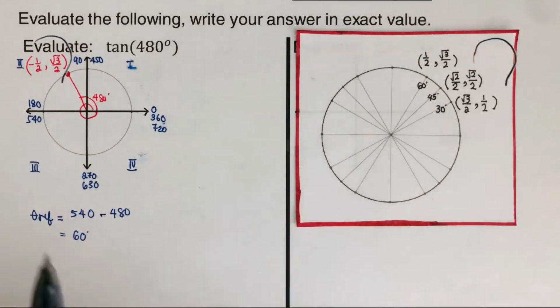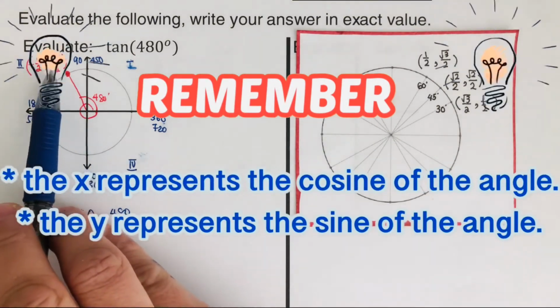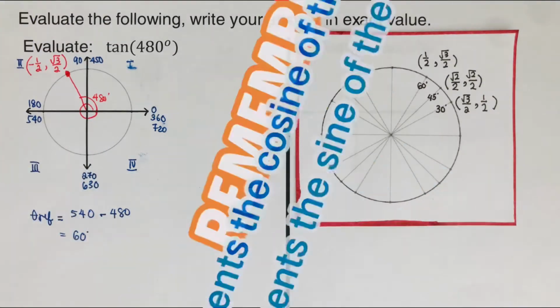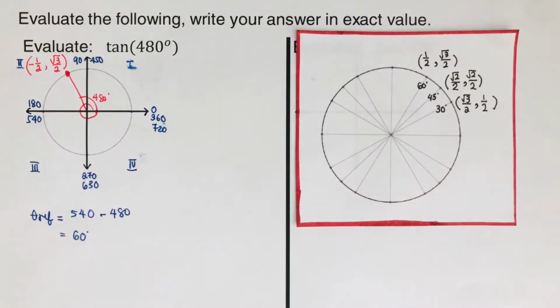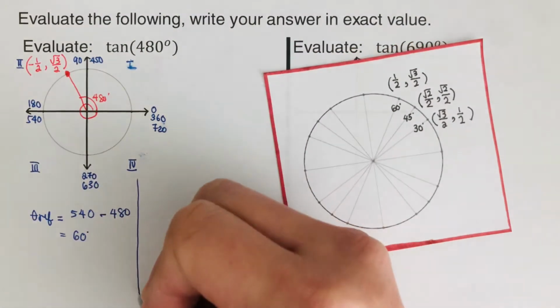We remember that the x represents the cosine of this angle right here, and the y represents the sine of this angle. But we wanted tangent 480. So we remember that tangent is equal to y over x. So I can show the work up here.